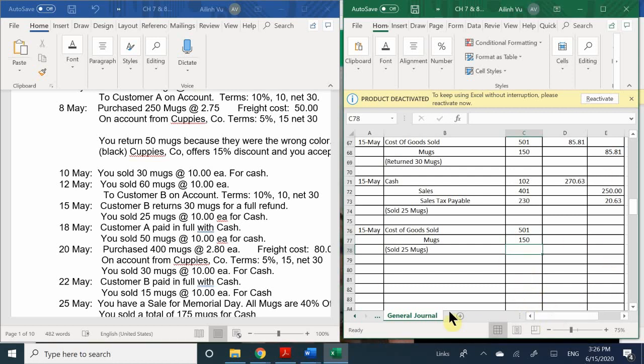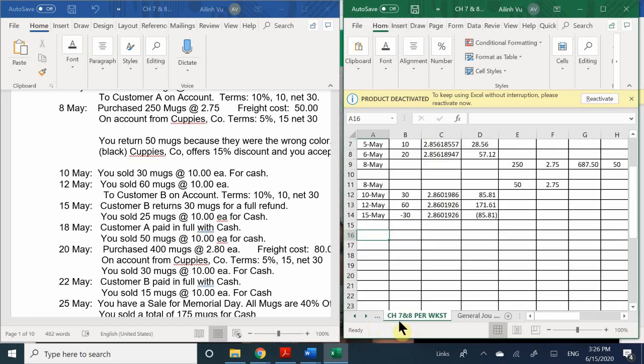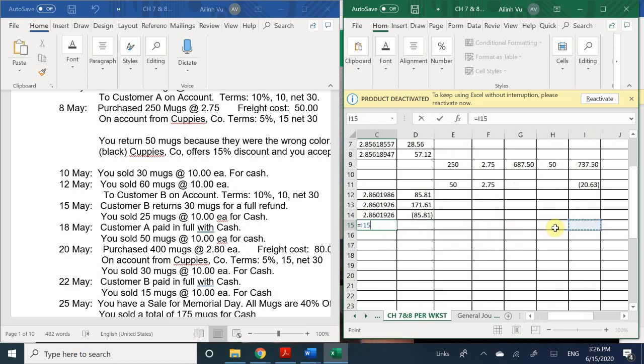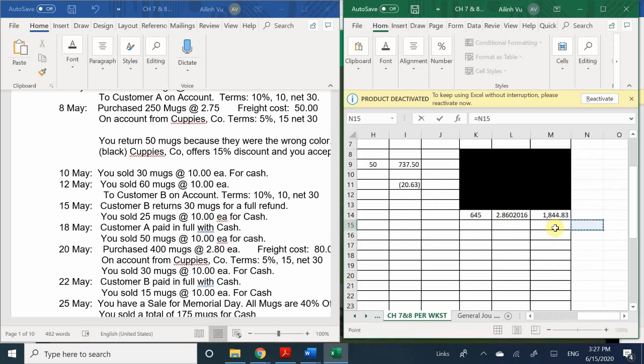Okay, so let's go to our inventory worksheet. So we know that on the 15th of May, we sold a total of 25. Okay, and what number are we going to use? Not that number.